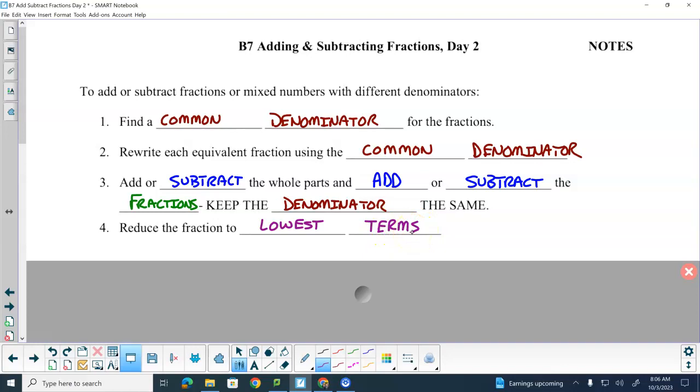Some people on the last couple of homeworks haven't been reducing. One of them was like 3 2/4 was the answer. The 3 2/4 is nice, but it's not a fraction in lowest terms because 2/4 can be reduced to 1/2.